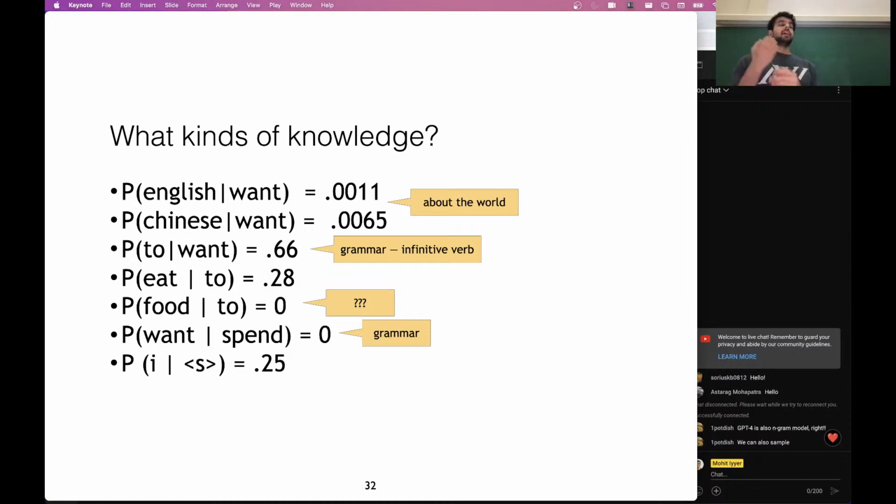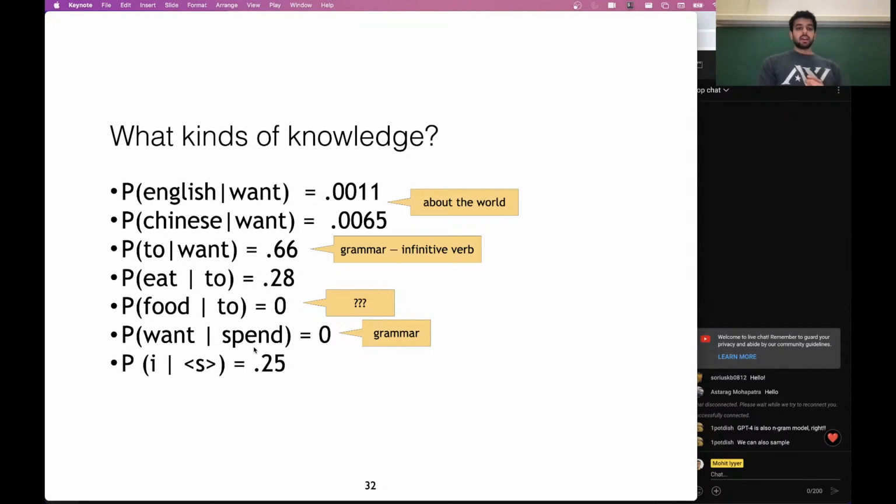It tells me that English food, or Chinese food, are types of foods that people might actually want. I might also learn something about grammar, that "want to" is a common syntactic construction in this language.